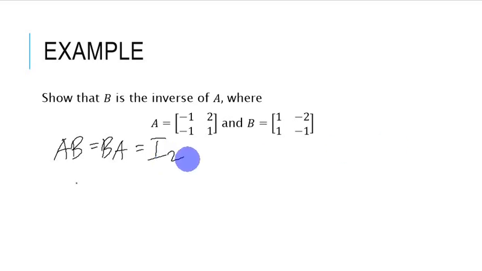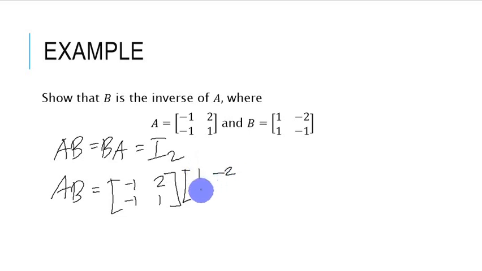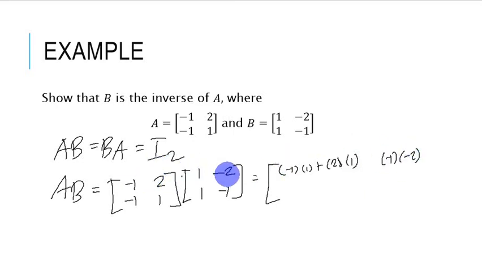So let's see. First, let's multiply AB, which would be negative 1, 2, negative 1, 1, multiplied to 1, negative 2, 1, negative 1. So if we're going to multiply this one, I'll have negative 1 times 1 plus 2 times 1. Then I'll have negative 1 times negative 2 plus 2 times negative 1.